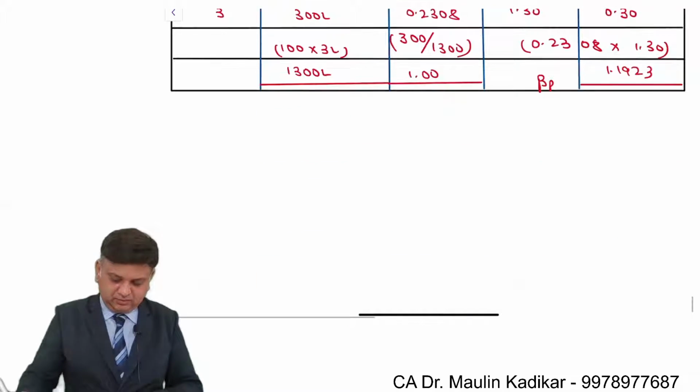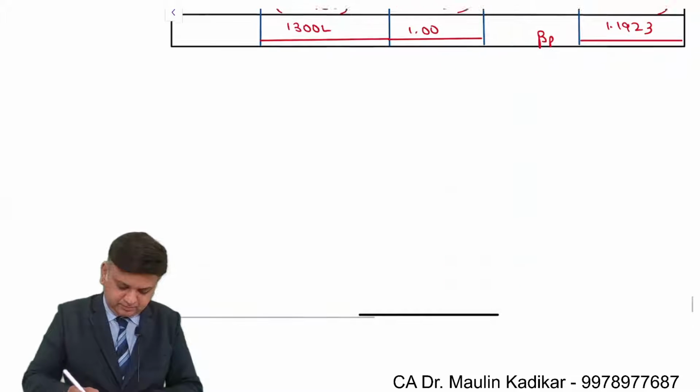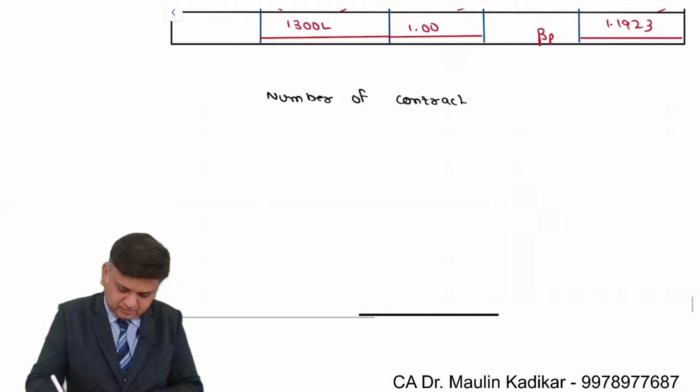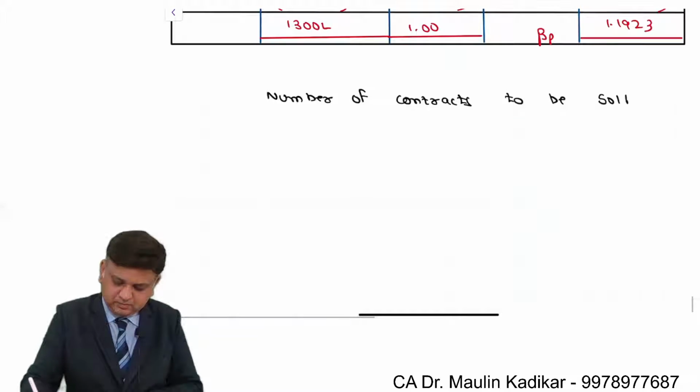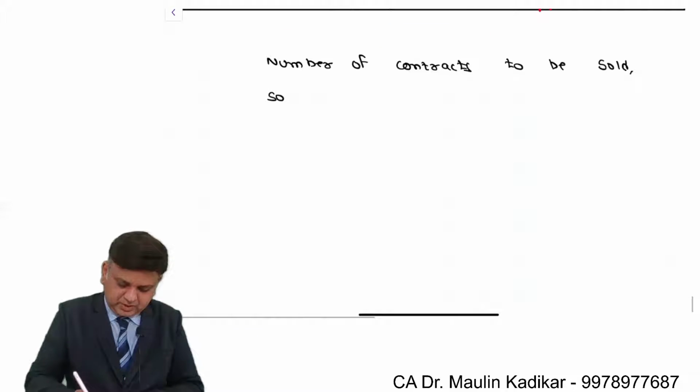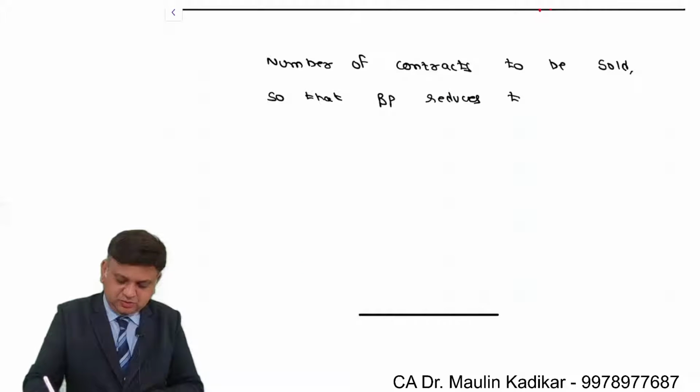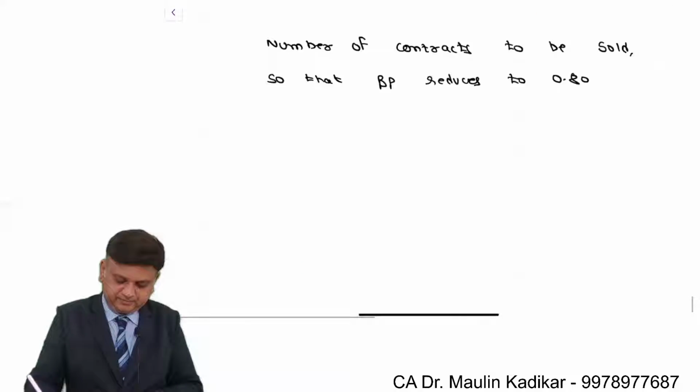Now heading right down, number of contracts to be sold so that beta of portfolio reduces to 0.8.